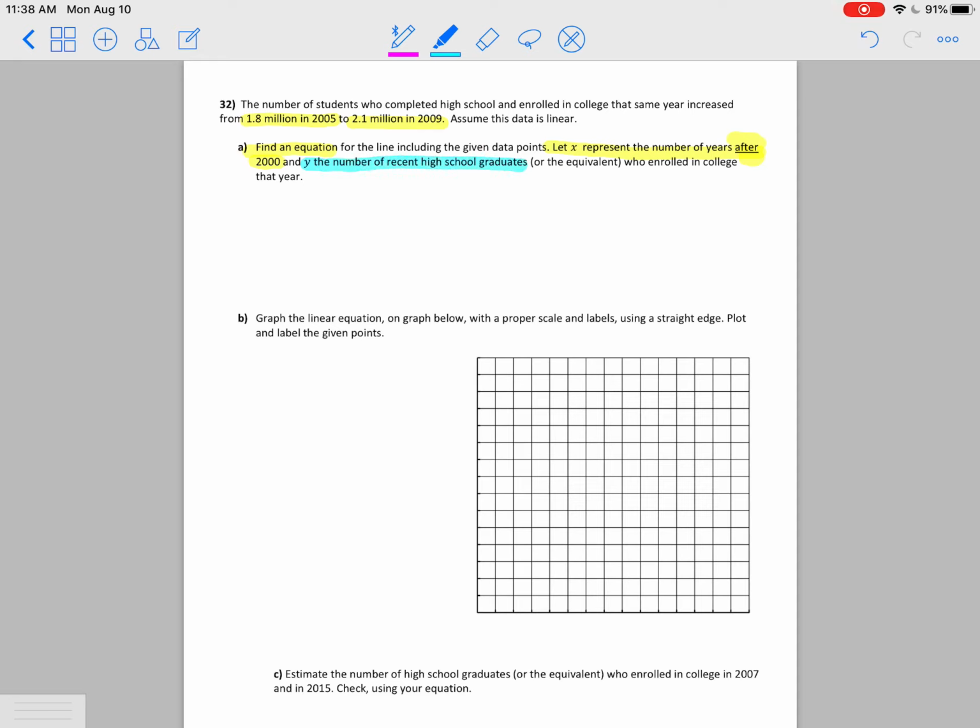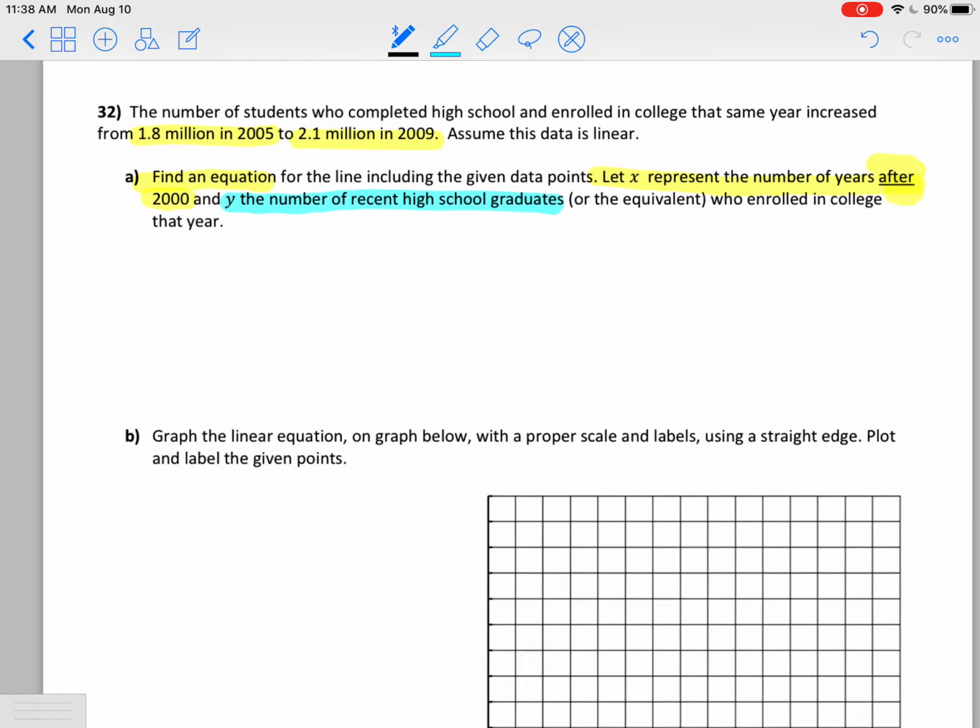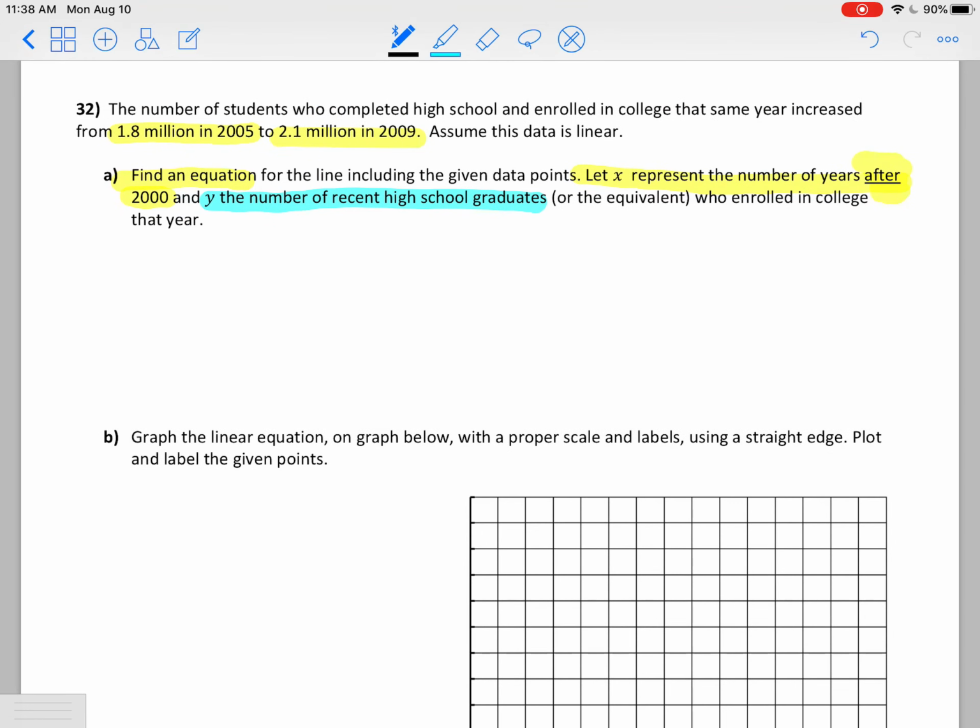All right, so let's go back up here and take a look at our information that's given and see if we can pull out what our points might be. So we need to use those 2 points to find our m and to find our b. All right, so we know that 2005 is 5 years after 2000, right?